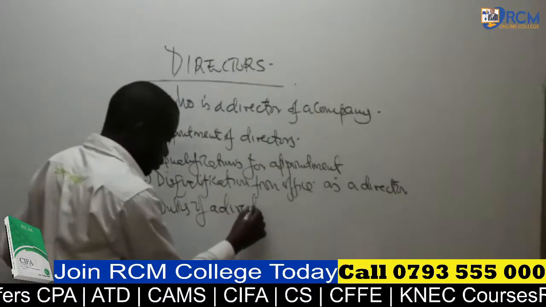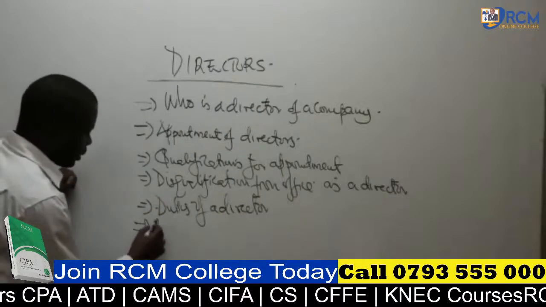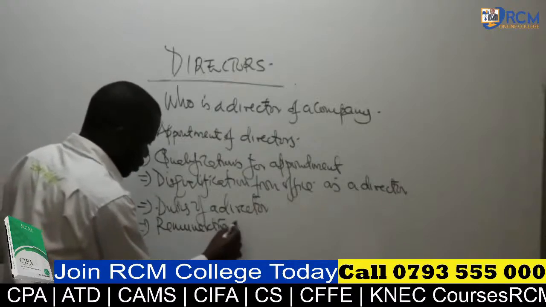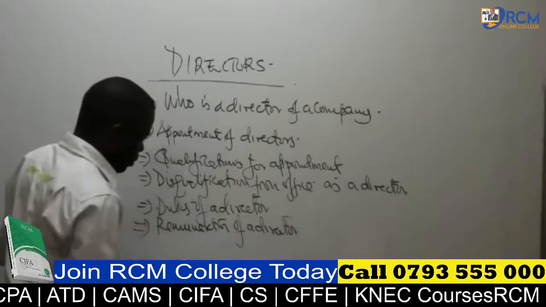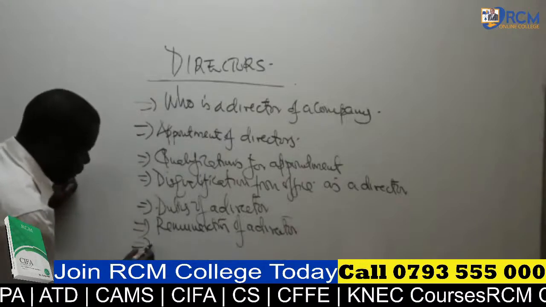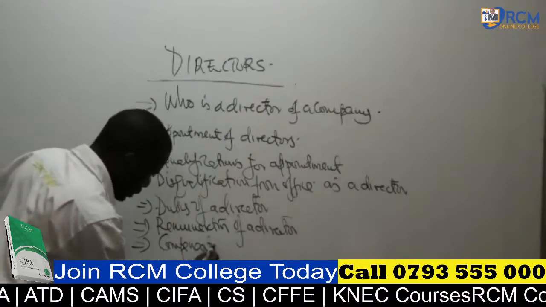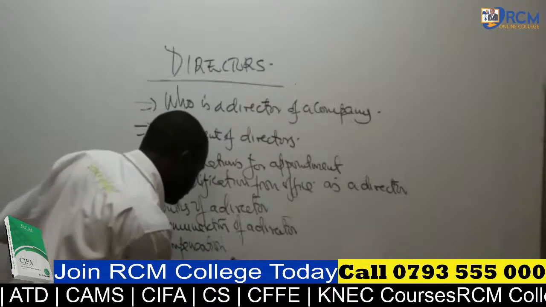The other key things to know under this topic: remuneration of a director, then what we call compensation for loss of office, that is, what happens in case a director loses office unfairly.